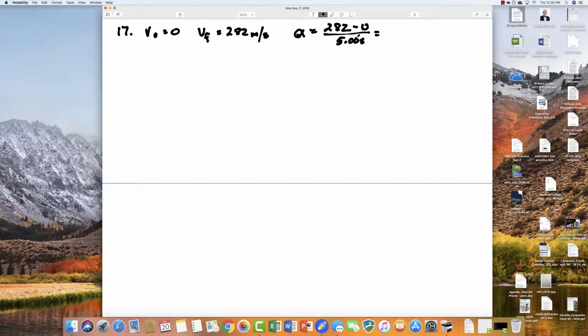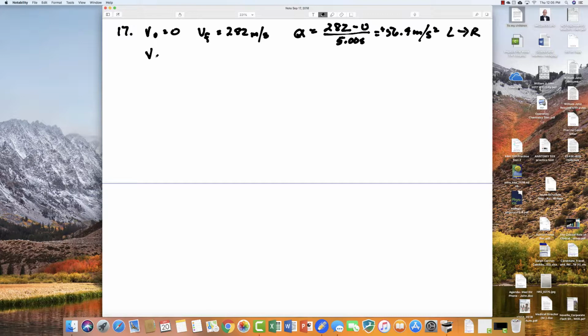And so the answer is going to be positive, left to right, 56.4 meters per second squared. And it's positive because we're saying that left to right motion is positive.